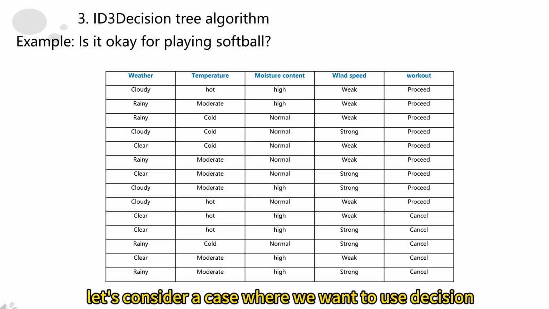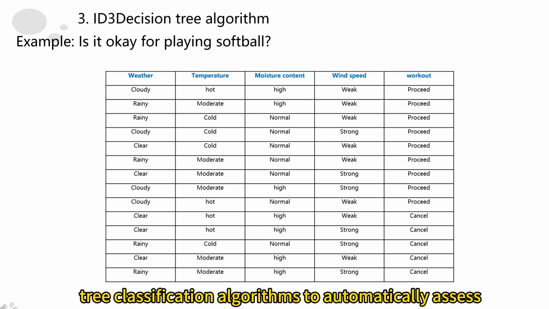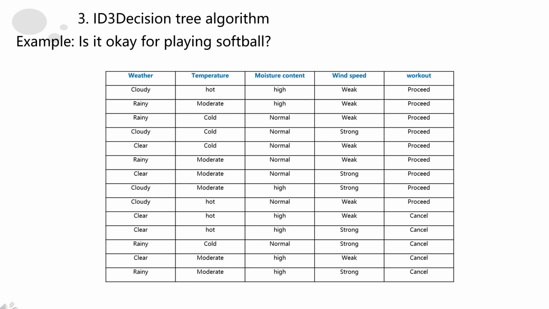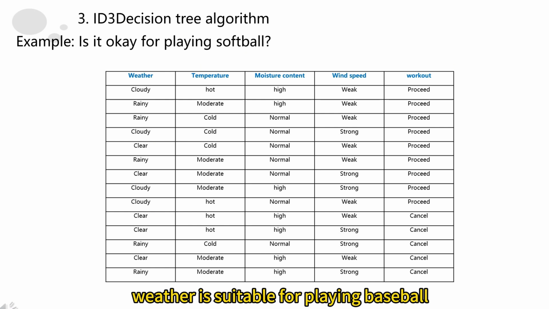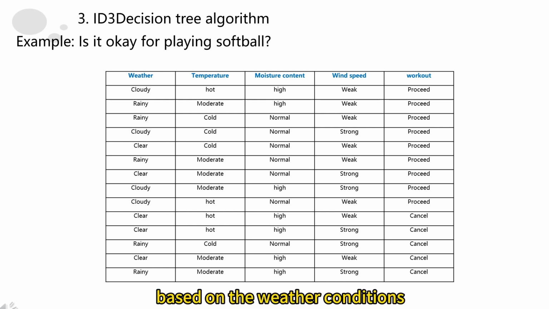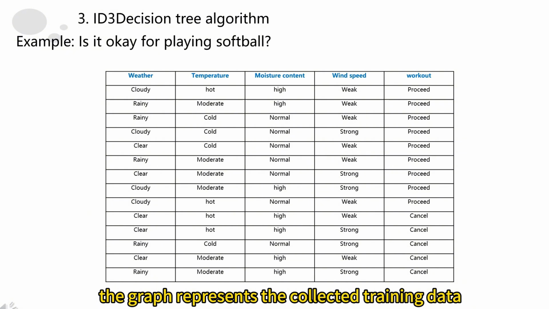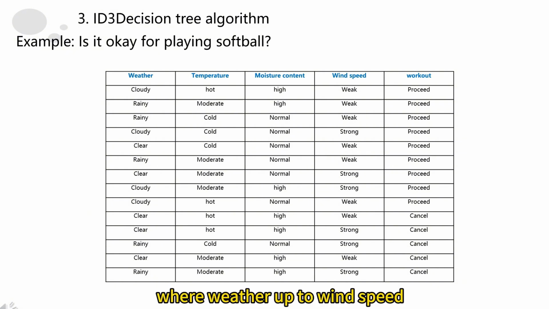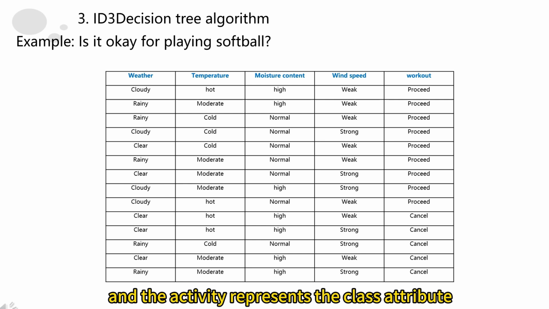Here, let's consider a case where we want to use decision tree classification algorithms to automatically assess whether it's suitable to play baseball based on the weather conditions. The graph represents the collected training data, where weather up to wind speed represents the feature attributes, and the activity choice represents the class attribute.